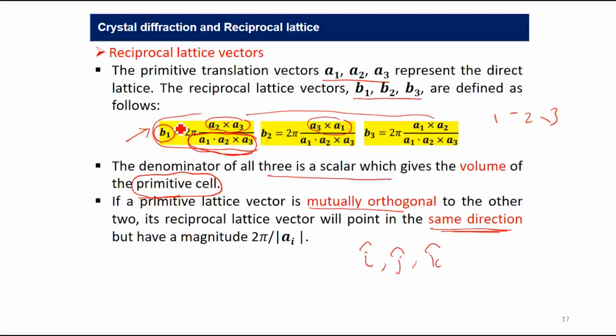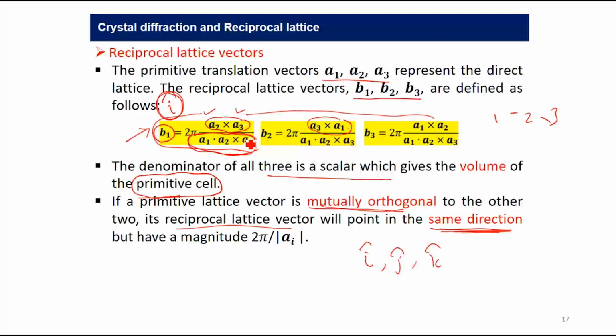So what it is saying is, if this is j cap, this is k cap, what will be j cap cross k cap? It will be i cap. So if they are mutually orthogonal, then the reciprocal lattice vector will point in the same direction, but has a magnitude of 2 pi by mod a.